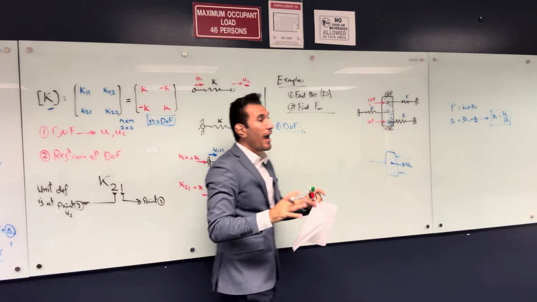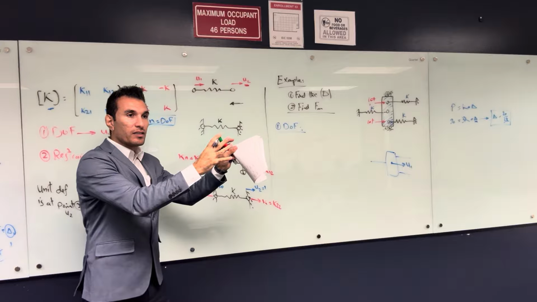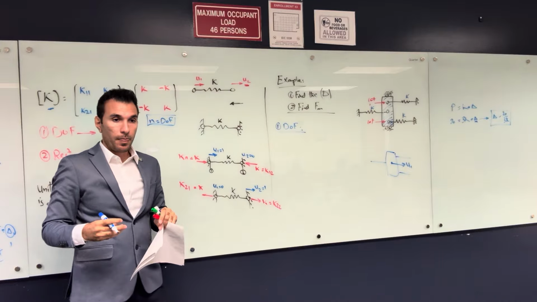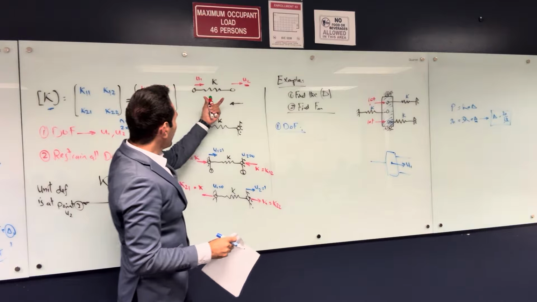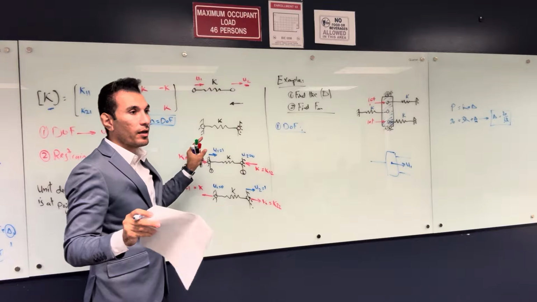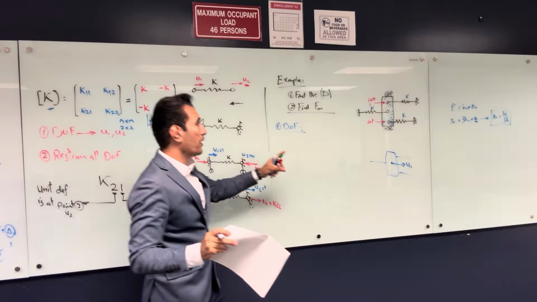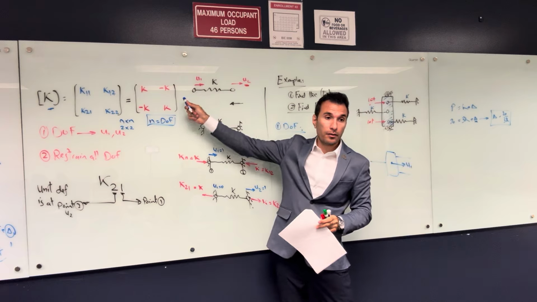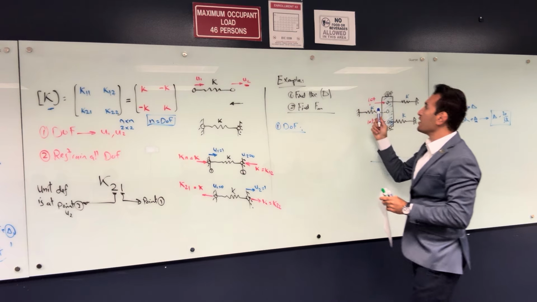I'm gonna tell you how we can get from the member stiffness matrix, or the member degrees of freedom, to the structural degrees of freedom. We take this member separately to study how the stiffness matrix in general looks like. But is this member in this structure gonna be free? We assumed here it's free, all right? But here it's not free.